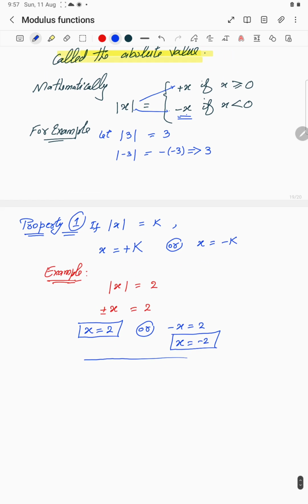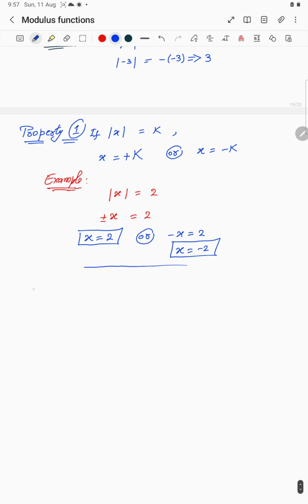Property 2 states that if you have mod a equal to mod b, with a mod on either side of the equality, then you can take the square on both sides.